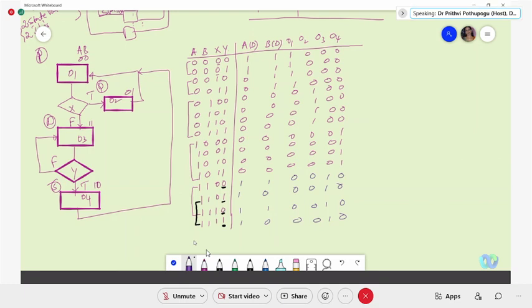Comparatively, which one would you prefer if you are given a choice? Which approach? Normally, for less complex designs with this combination, maybe up to 2 power 5, the table will be manageable. That means either 2 state variables with 3 test variables, or 3 state variables with 2 test variables, or a combination of that.